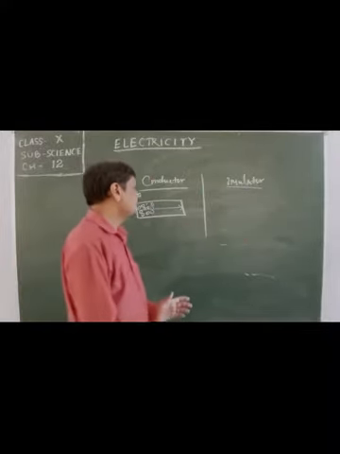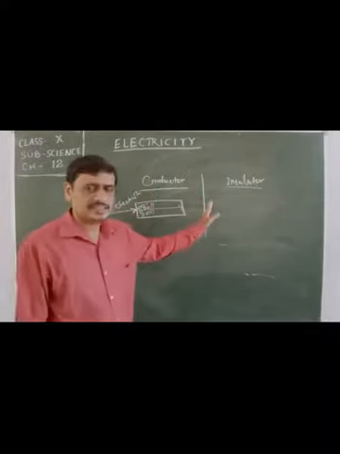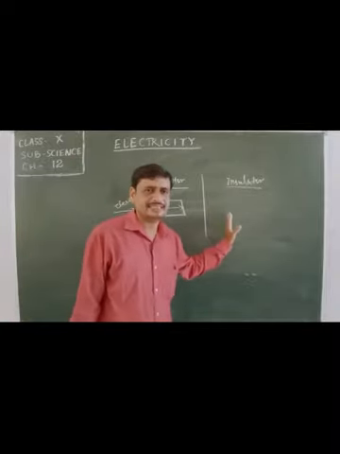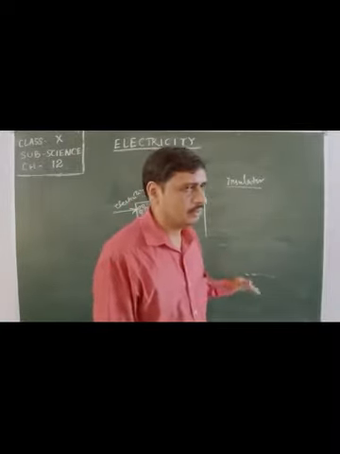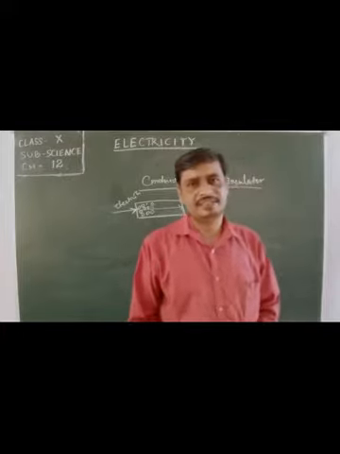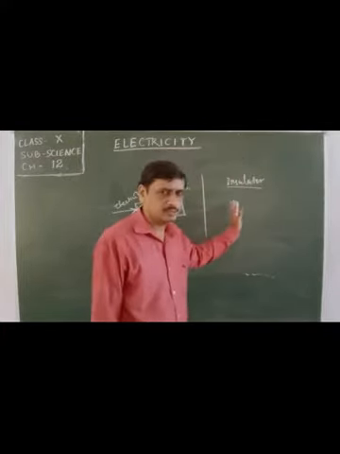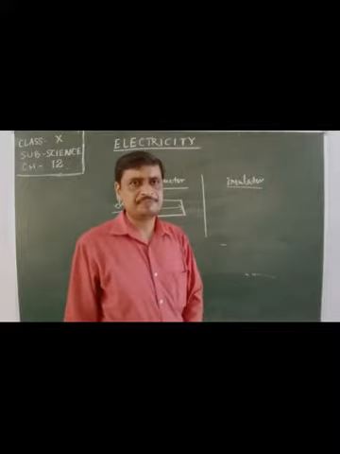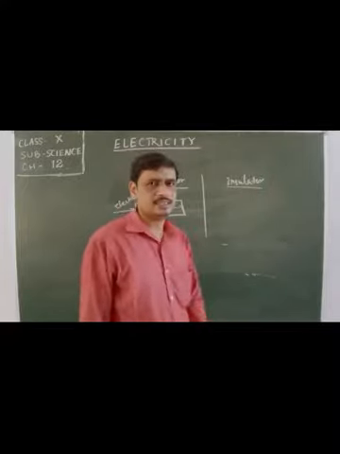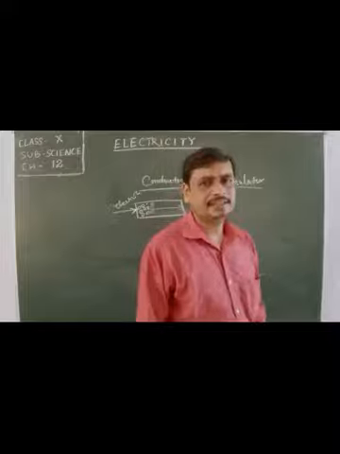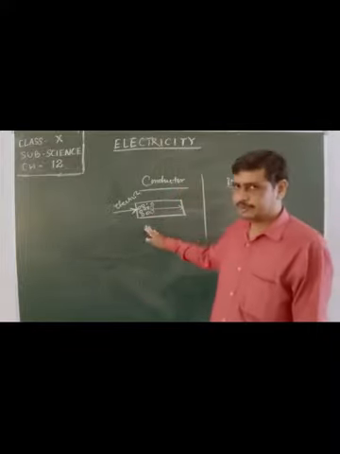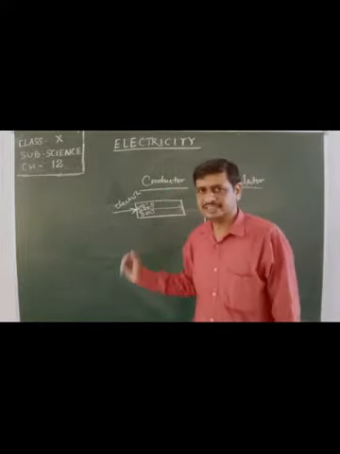But in the case of an insulator, the resistance of the material is maximum, so when you provide electricity to the material, the electricity cannot transmit from one point to another. It depends upon the resistance. If resistance is less, then electricity can be transmitted through the material.